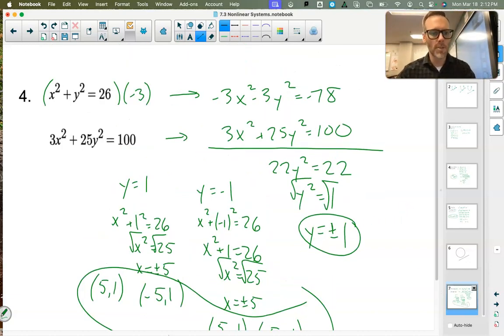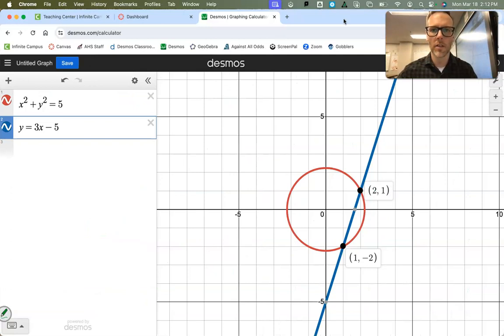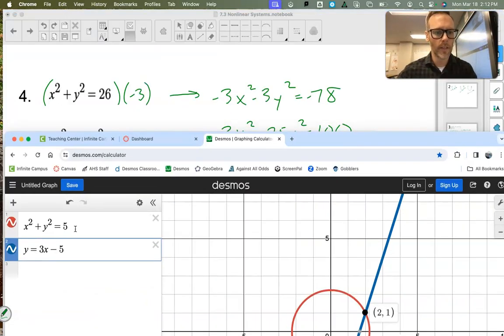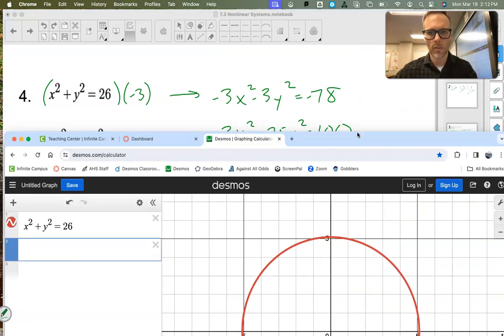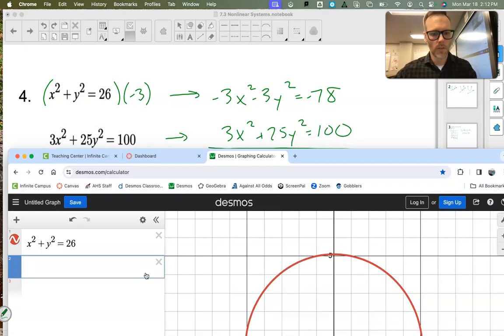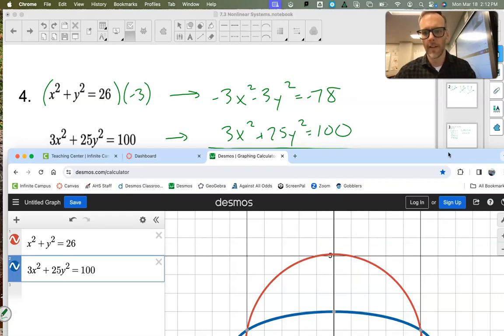What were the shapes of the graphs on this one again? A circle and an ellipse. What must this have looked like? X squared plus y squared equals 26. Three x squared plus 25y squared equals 100. That's an ellipse.